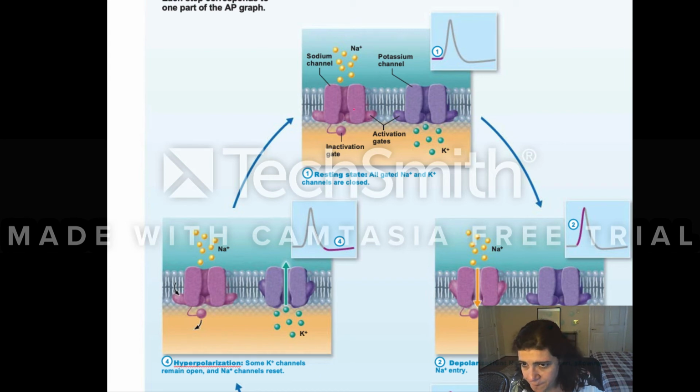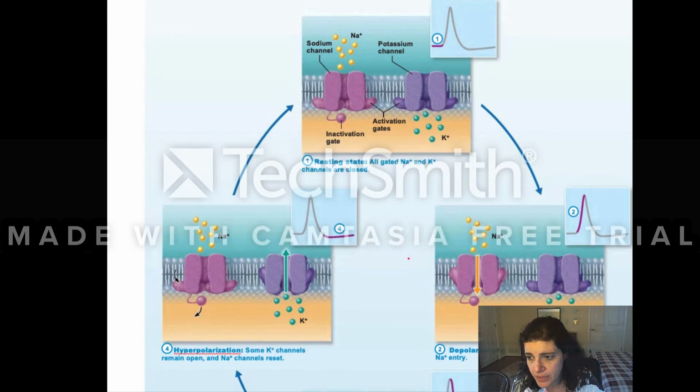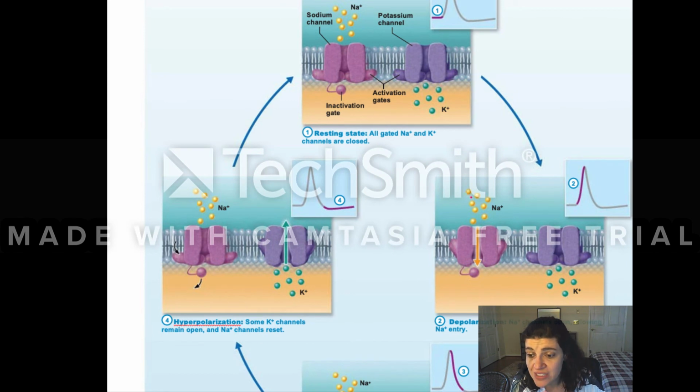And coming out through the sodium potassium pump and all that's going on. During the depolarization, you have more sodium going in because this is also a leaky channel. So the same thing that happens during the regular resting potential and potassium leaking out.